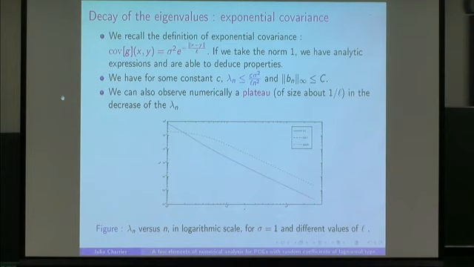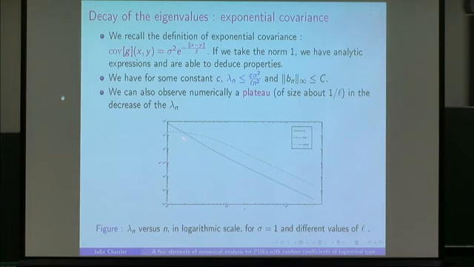The asymptotic behavior is the same, but if the correlation length is small, you have a plateau. Numerically, the size of the plateau is basically 1/L. For L equal to 0.01, the size of the plateau is 100. So it's really different from the case where there is no plateau.